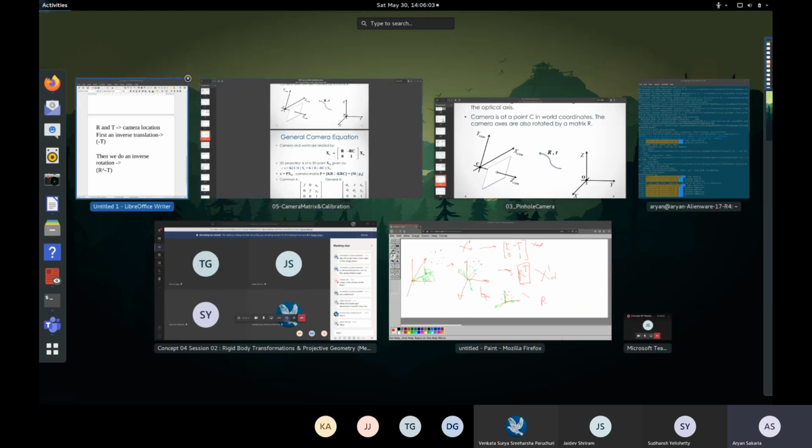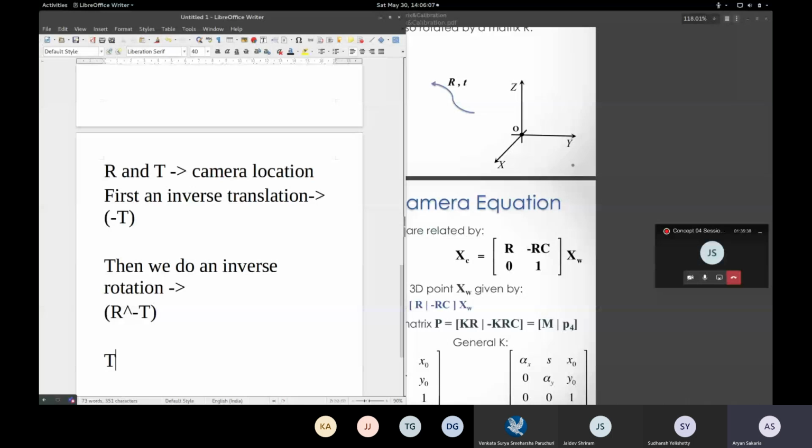Your translation matrix is nothing but an I and a minus T, and over here it's a 0 and here it's a 1. So this I is a 3 cross 3, this minus T is a 3 cross 1, this 0 is a 1 cross 3, and this 1 is a 1 cross 1, right?